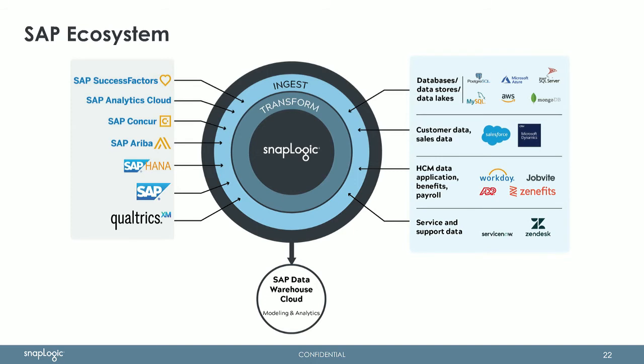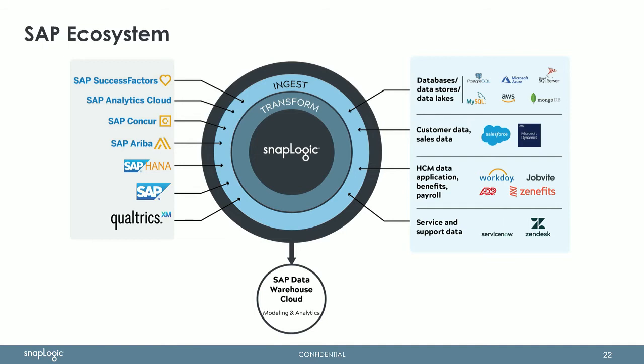Now this shows the SAP ecosystem and how SnapLogic is a critical connective tissue that gets data from not just SAP applications but also from a variety of third-party sources. And I want to quickly talk about our engagement and our partnership with SAP. So almost 4 or 5 years back, we initially released our SAP HANA Snap, where we made it easy for our customers to easily get data and put data into SAP HANA.